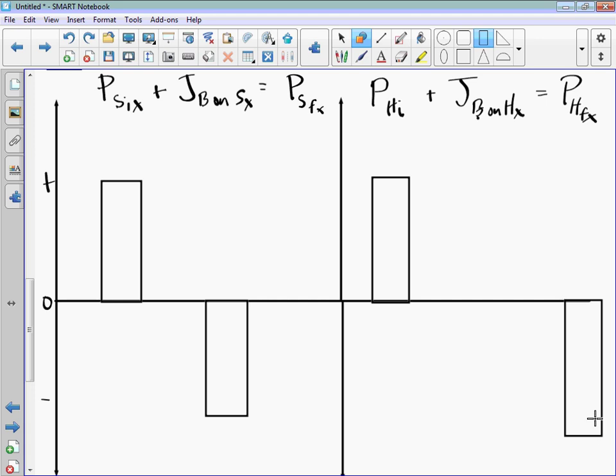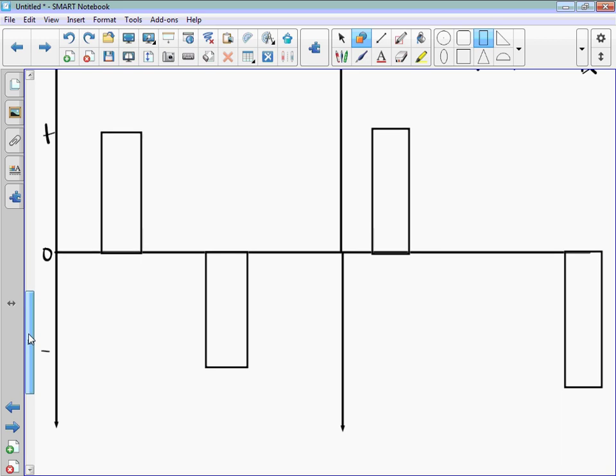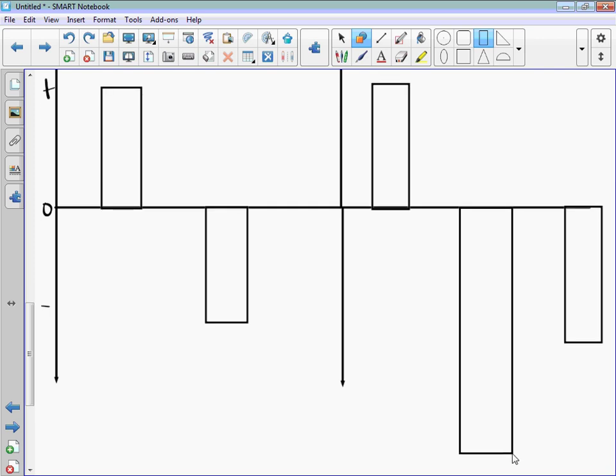The only way we can change momentum is with an impulse. So if we have a bar this big, and we end up with a bar this big, that would have canceled it out. So our impulse has to be at least this big, but bigger. It's got to be twice as big.